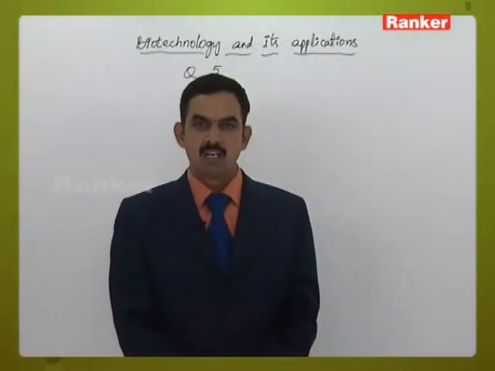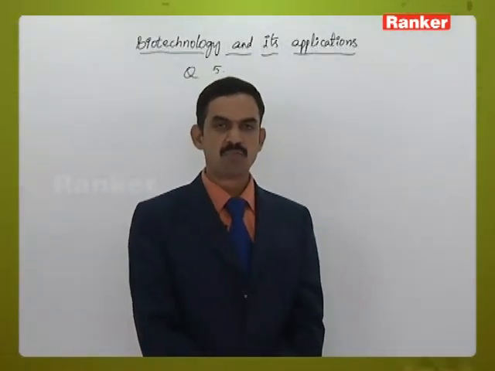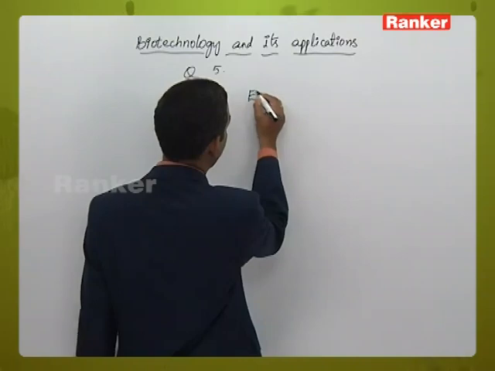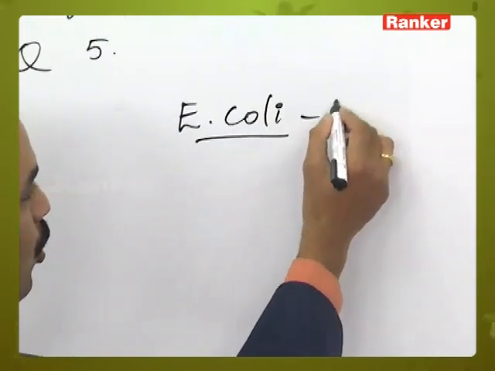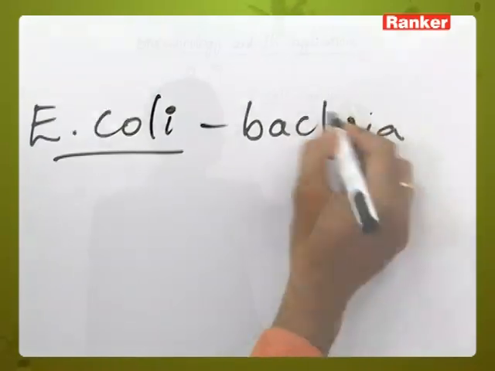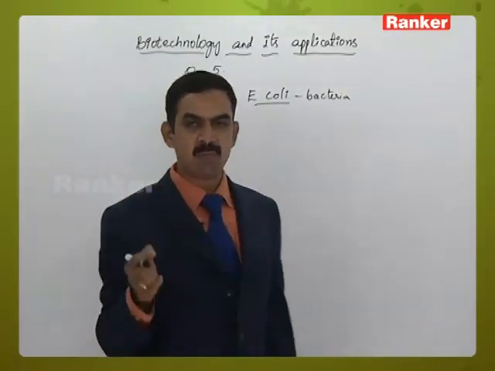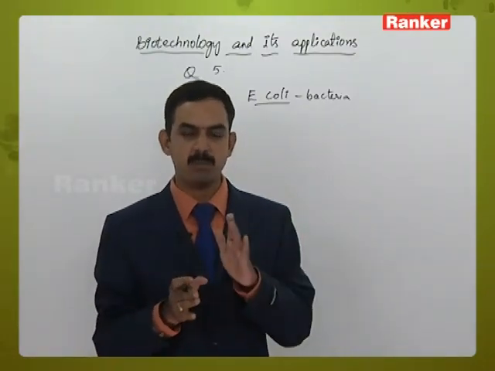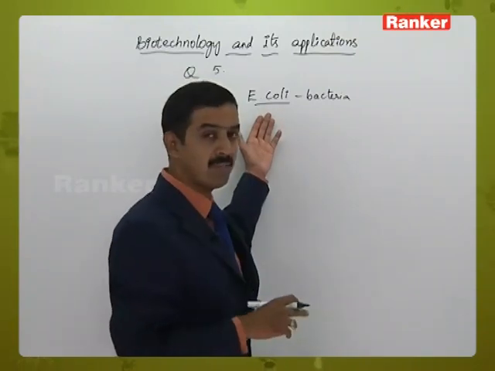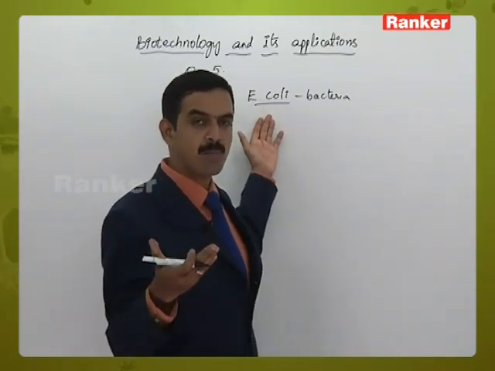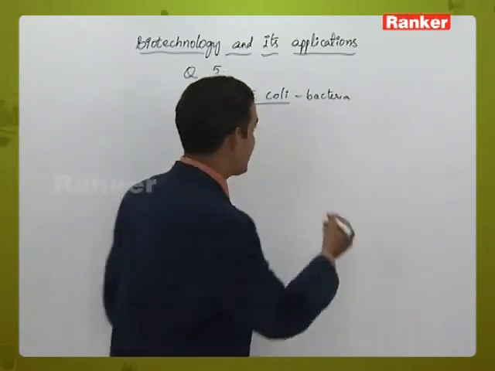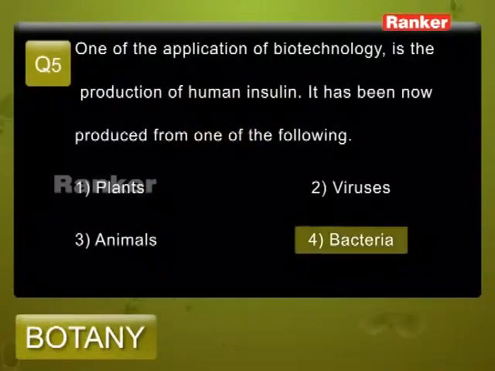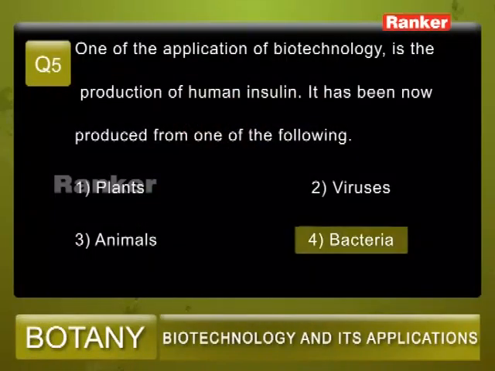Okay, here human insulin is a hormone which controls the sugar level in the human body, and here it is produced by using a bacteria called Escherichia coli, where already we discussed that the Eli Lilly company of America produced two artificial chains, chain A and chain B, which were introduced into this bacteria, which helps in the formation of insulin. So that type of insulin is called humulin. So question number 5, the correct answer is 4.